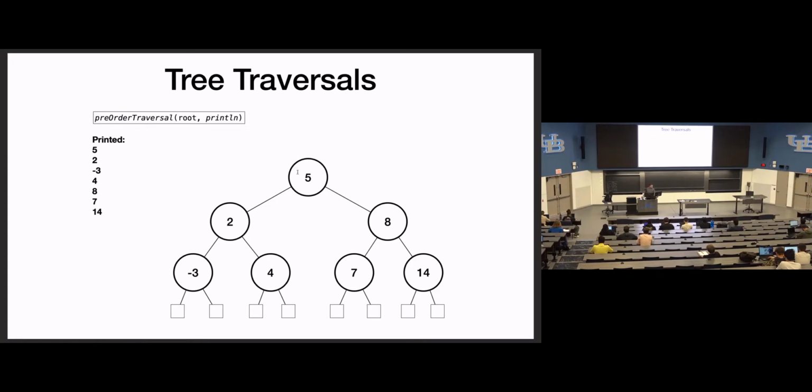But for pre-order traversal, we're going to visit the root, make a recursive call on the left subtree, visit that value, make a recursive call on the left subtree, visit that value, base case, return, recursive call on the right value, base case, return, and then 14 finally is printed. So we're visiting the node and then making recursive calls to the child nodes.